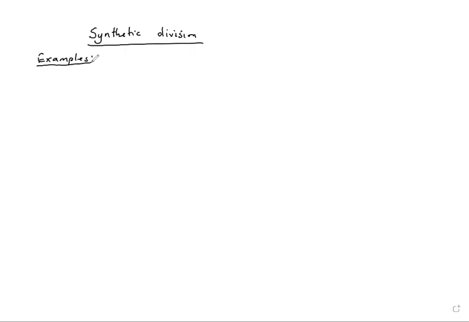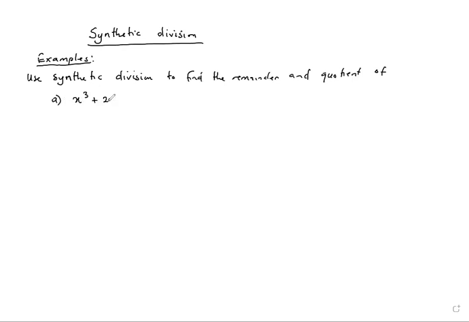Example 1: use synthetic division to find the remainder and quotient of x3 plus 2x minus 1.